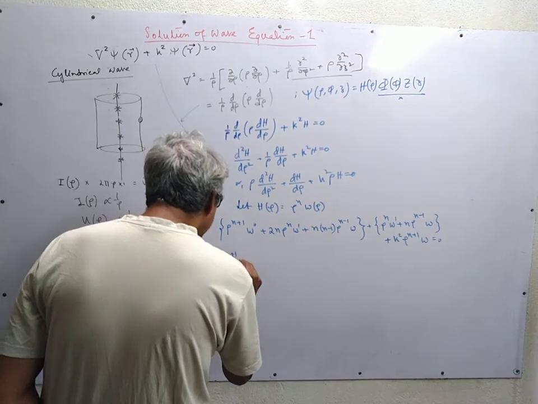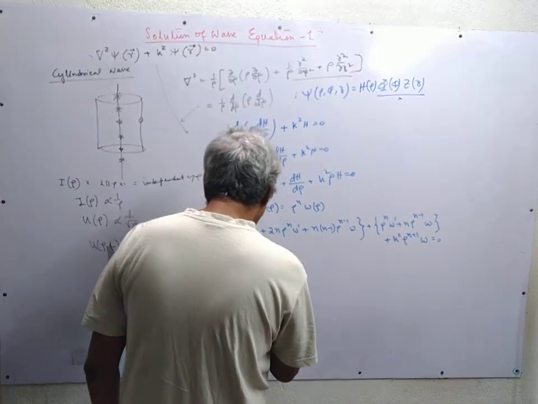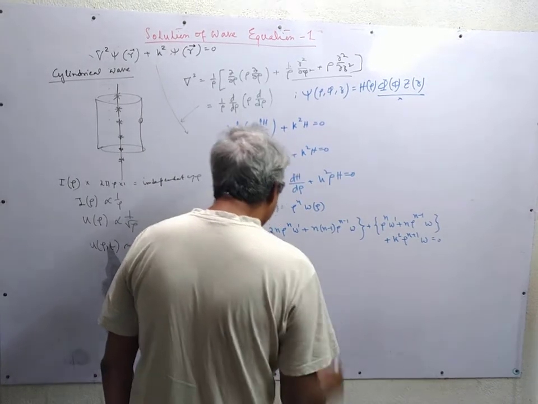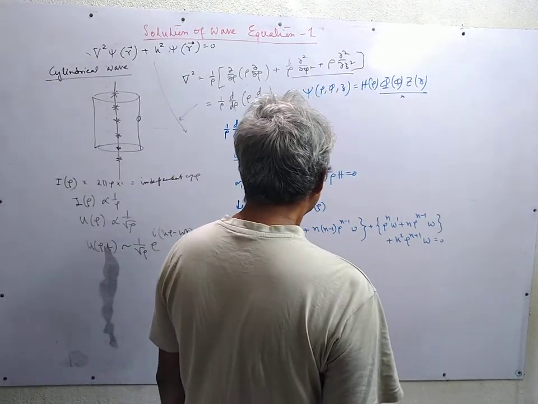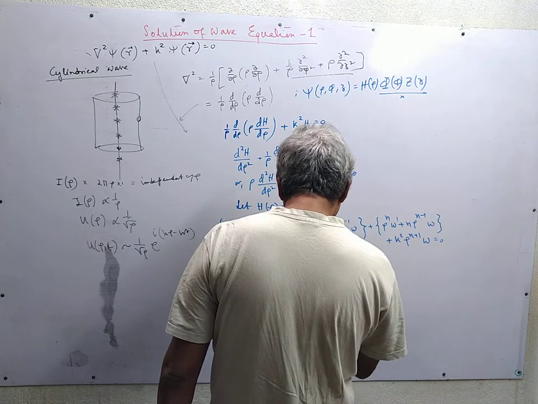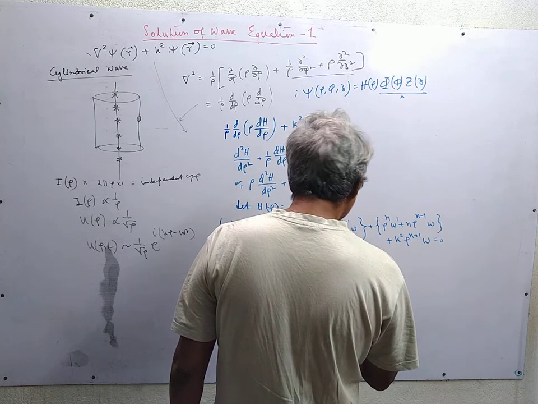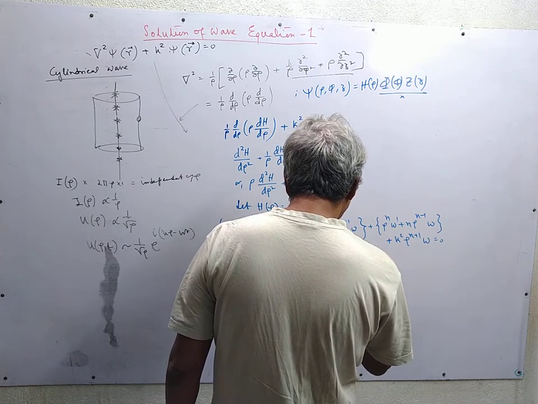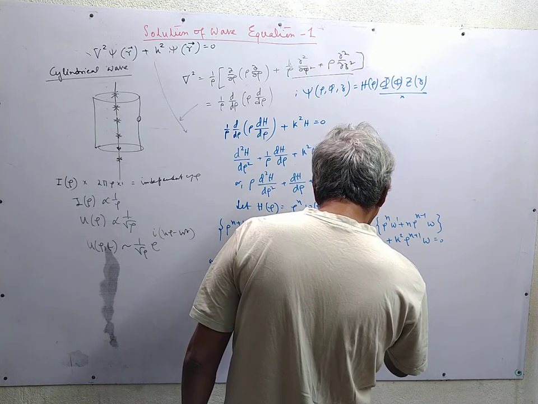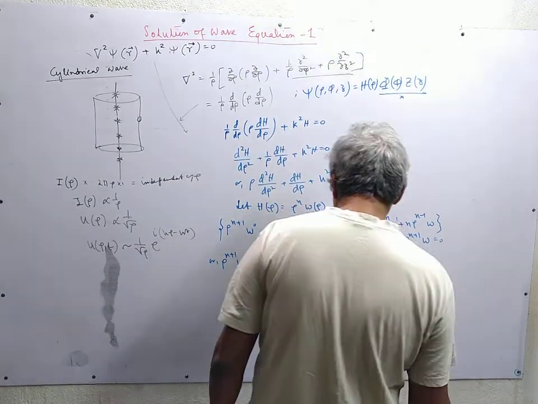So rho to the power n plus 1 w double derivative, then we pick up these two terms: 2n plus 1 rho to the power n w prime. And if we collect the other two terms, this is n squared rho to the power n minus 1 plus k squared rho to the power n plus 1, w is equal to 0.